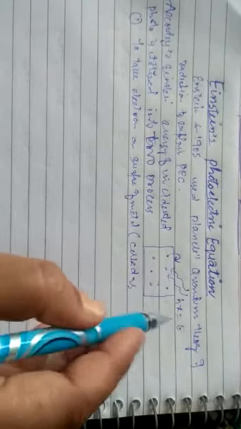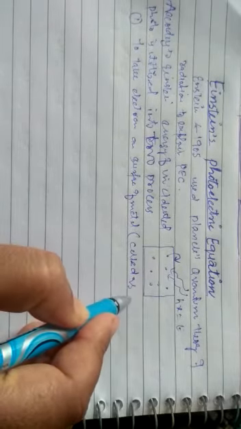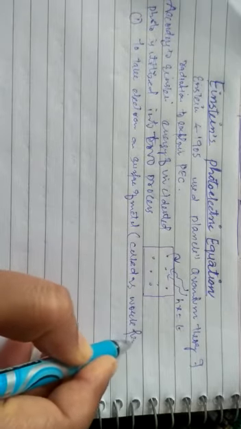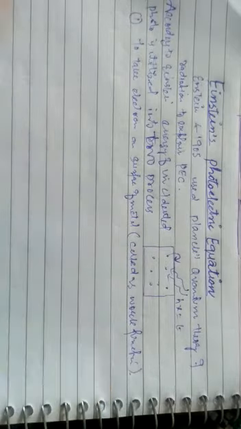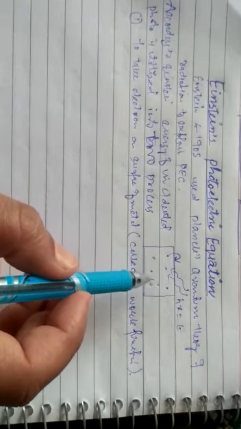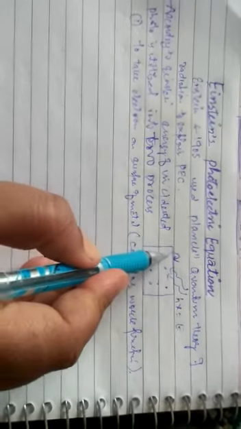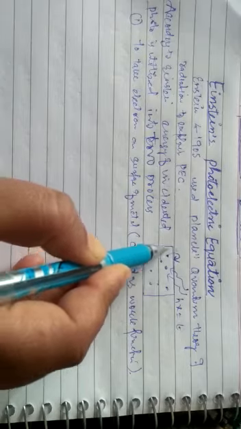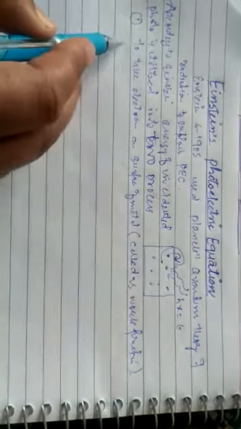Work function is defined as the minimum amount of energy required to take the electron from within the metal to its surface, denoted by phi.